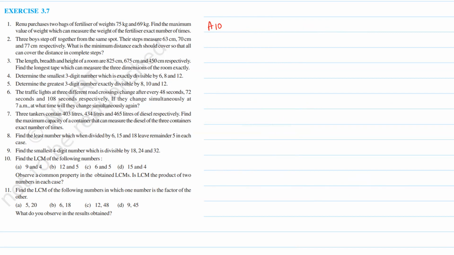Coming to answer 10. Find the LCM of the following numbers. 9 and 4. Just do it. 2, 9, 2, 9, 3, 3, 1, 1. So LCM is 2 into 2 into 3 into 3, which is 36.